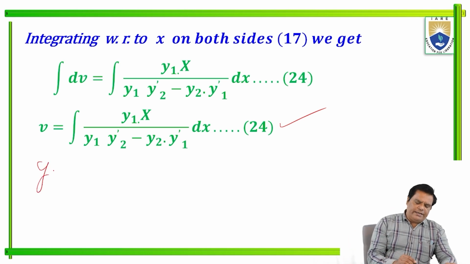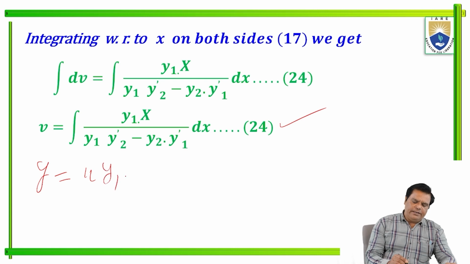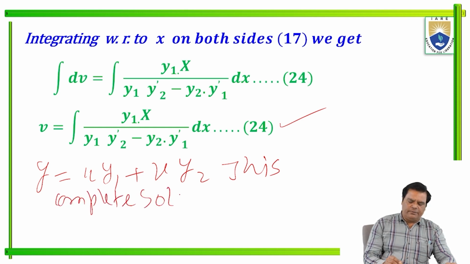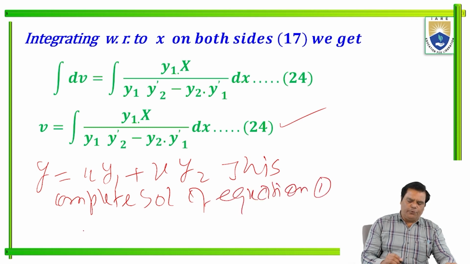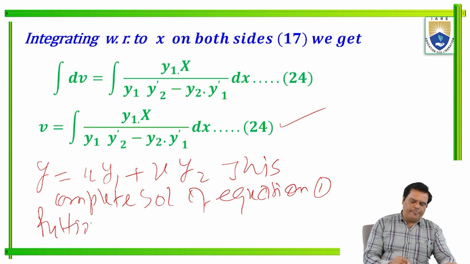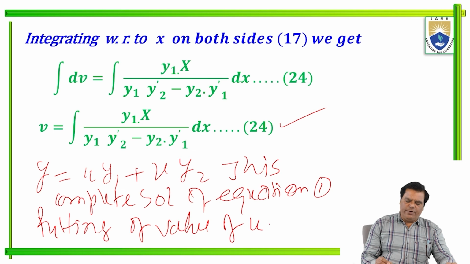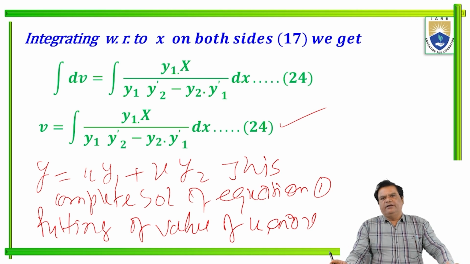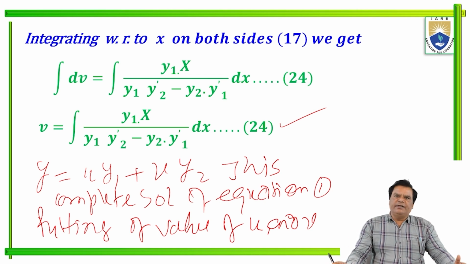So y equals u y1 plus v y2. This is the complete solution of equation 1, putting the values of u and v. So this is the complete procedure to apply variation of parameters.